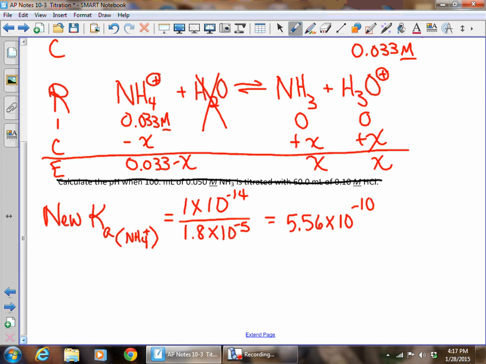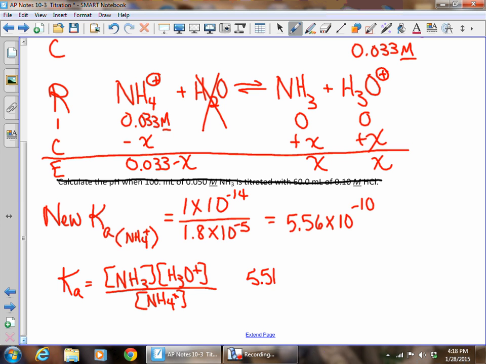Now that we've got that value, we can set up our equilibrium expression for this reaction. We know that the Ka that we just found is going to be equal to NH3 times the H3O plus divided by the NH4 plus. And the new Ka we just found was 5.56 times 10 to the minus 10th.